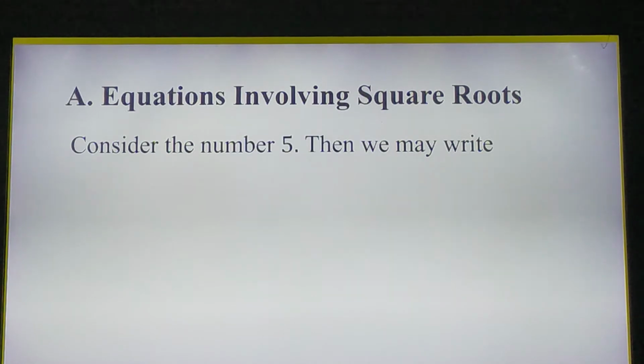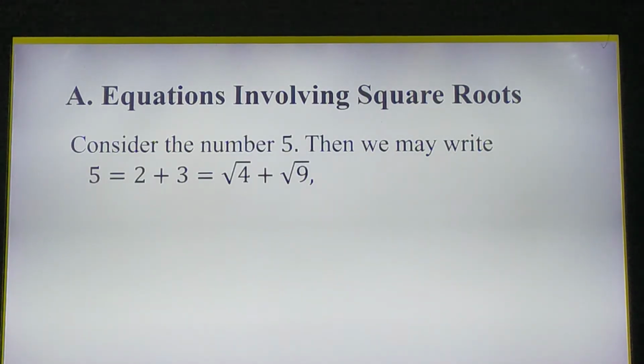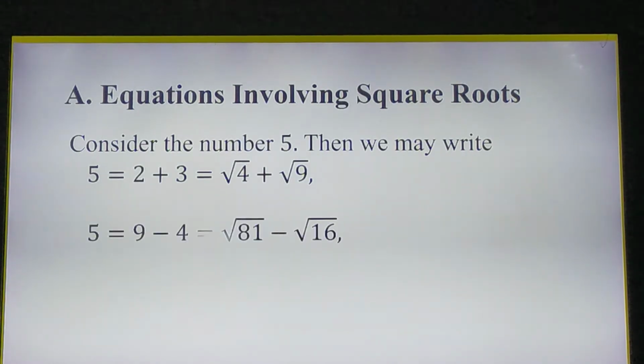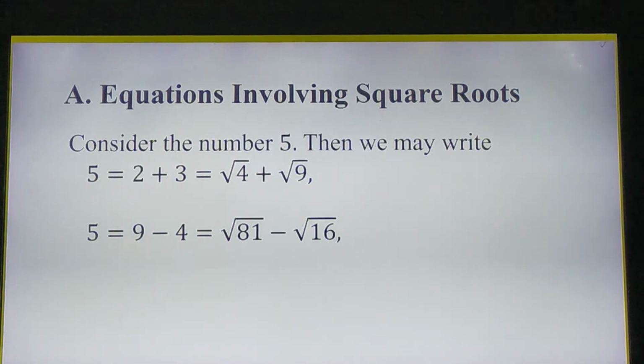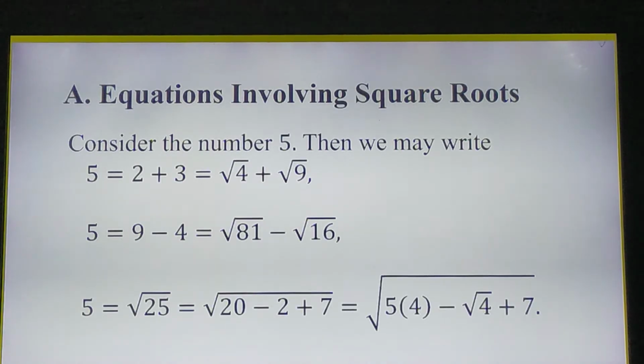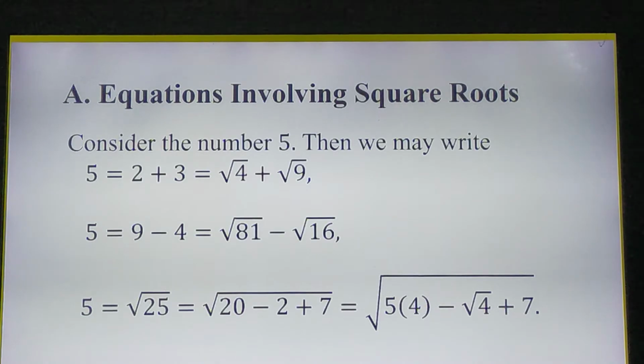Consider the number 5. Then we may write 5 equals 2 plus 3, which is square root of 4 plus square root of 9, or 5 is equal to 9 minus 4, which is the square root of 81 minus square root of 16, or 5 is equal to the square root of 5 times 4 minus the square root of 4 plus 7.